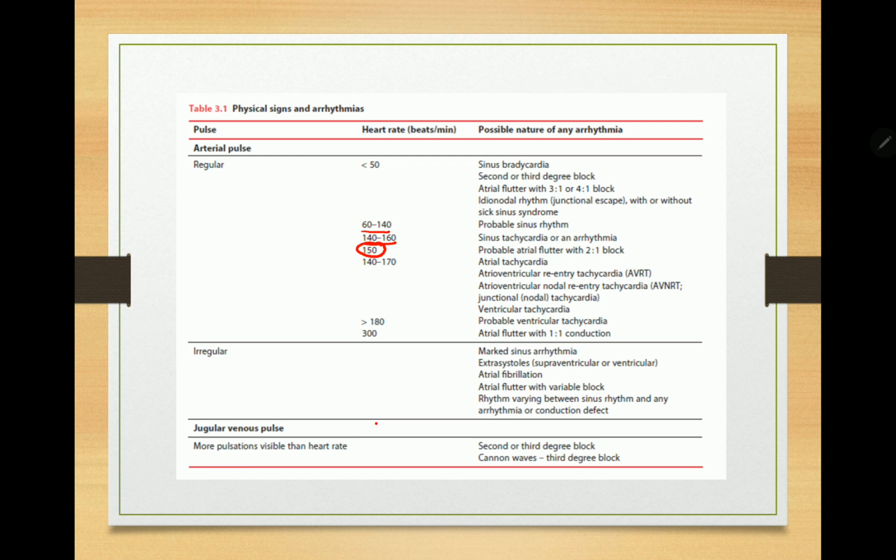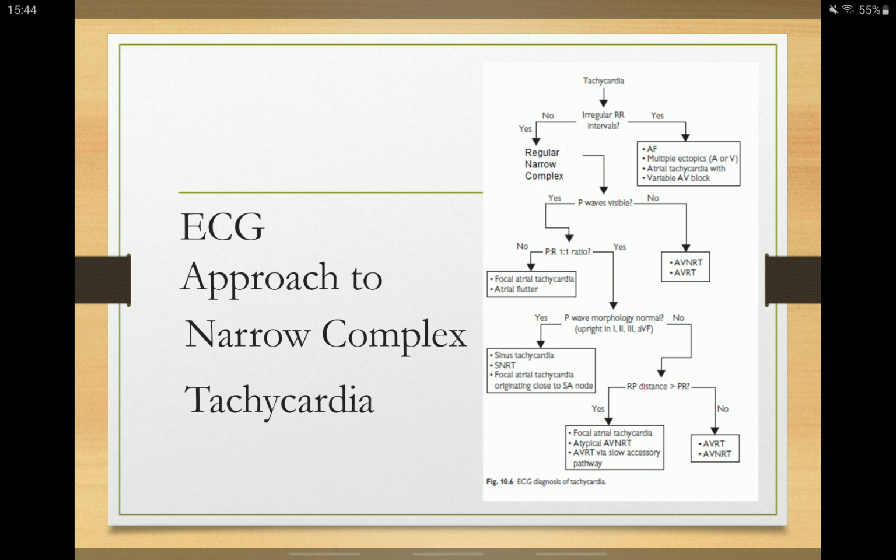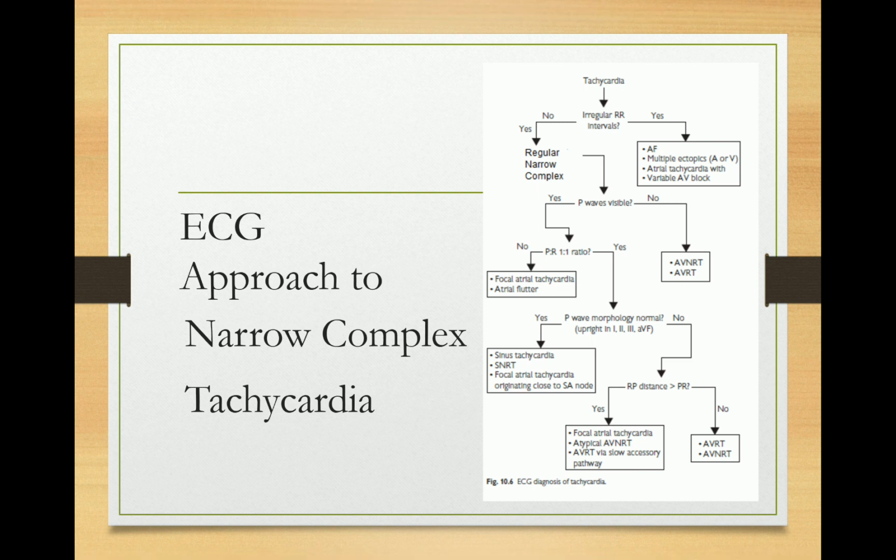And in the SVTs, or actually we should say the AVRT or AVNRT, the rate is around 160 to 170. I won't go into detail of this, but this is a nice chart to differentiate between all those narrow complex tachycardias, and it takes you step by step depending on the P waves and morphology and the PR ratio.